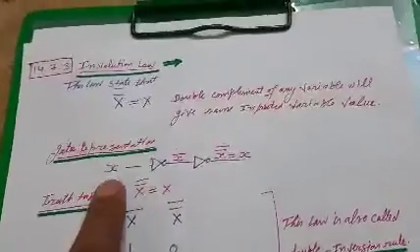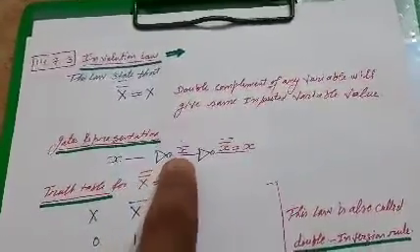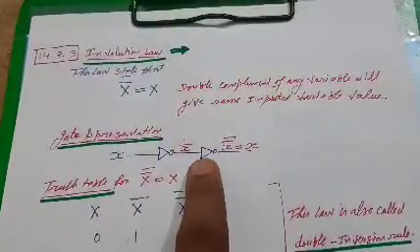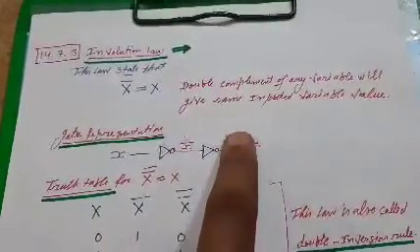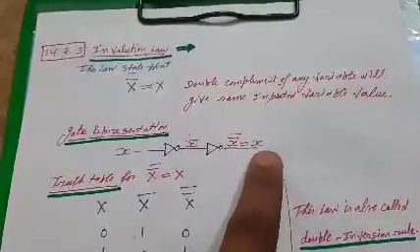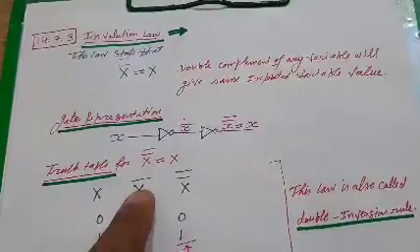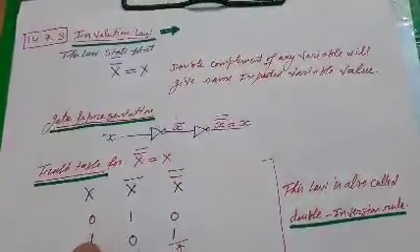Gate representation: x, then x complement, then a NOT operator which complements the state of the input, then the double complement. The complements cancel, final answer equal to x.